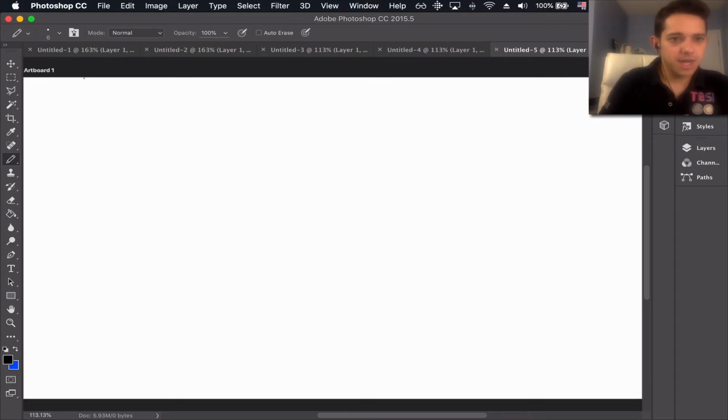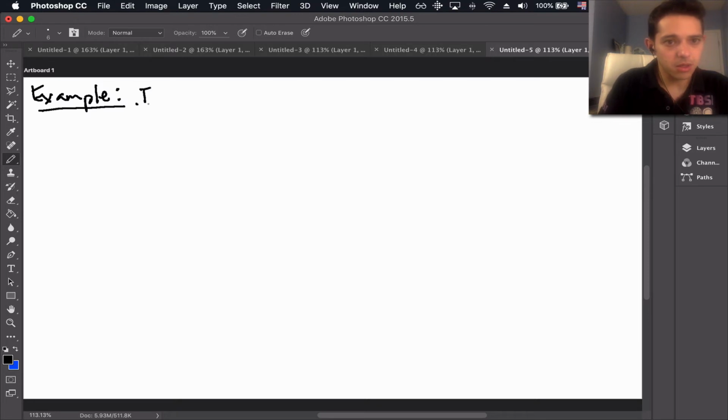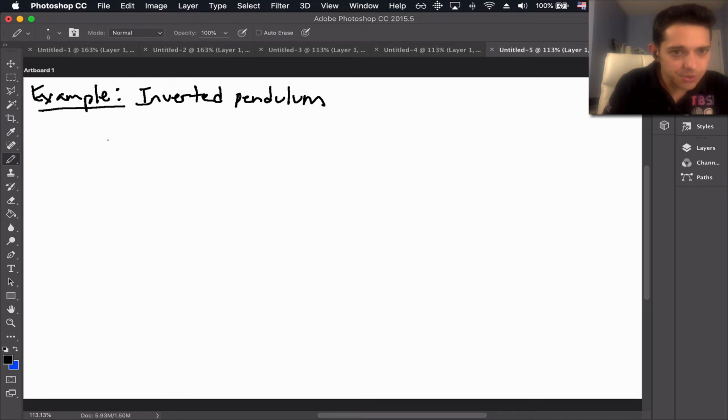All right, so next, let's do an example. It's a very famous example when learning about linearization and stability, and it's known as the inverted pendulum. So here's the setup.